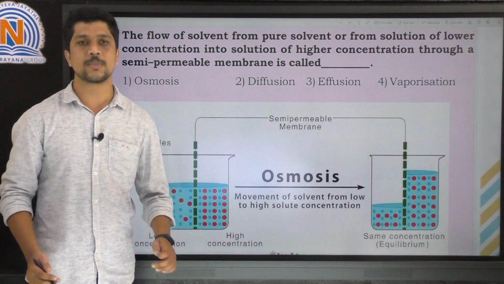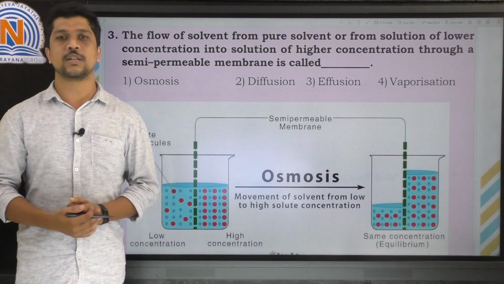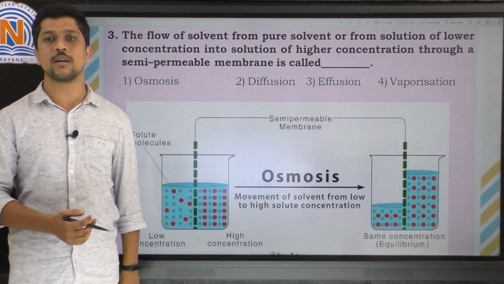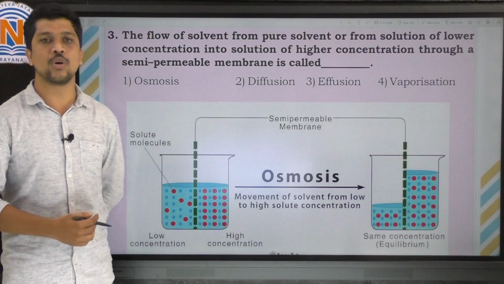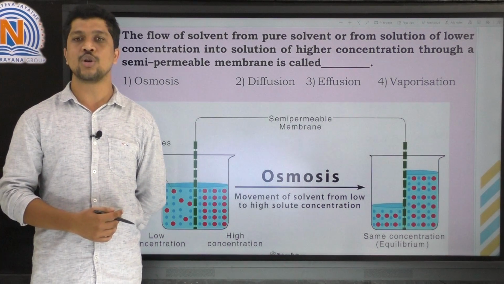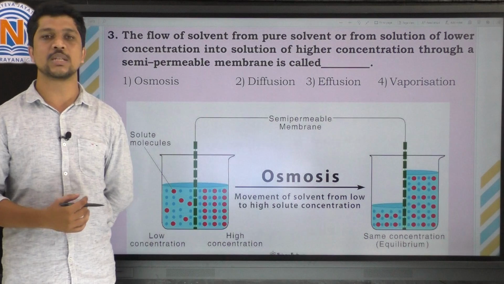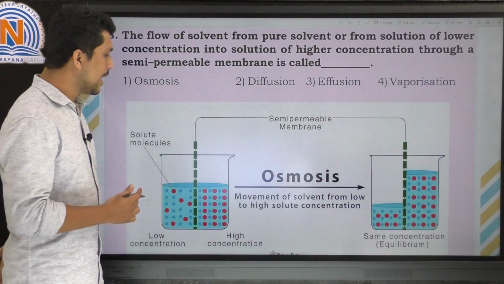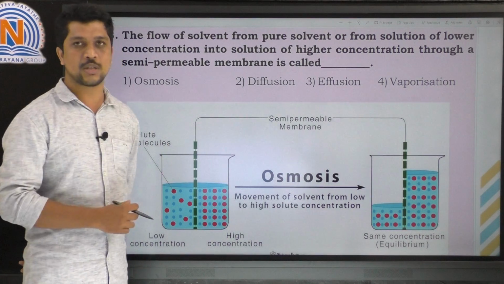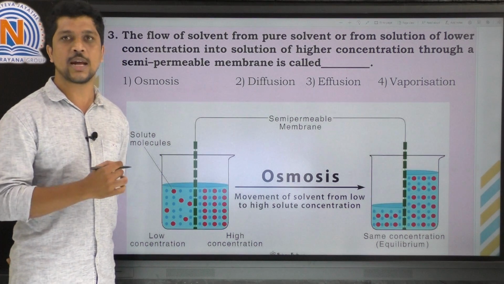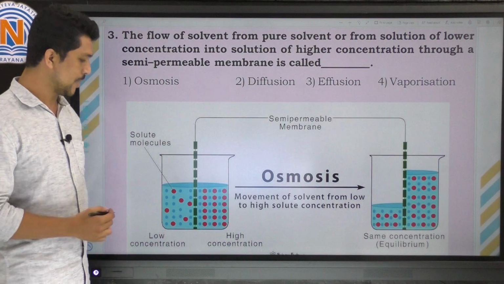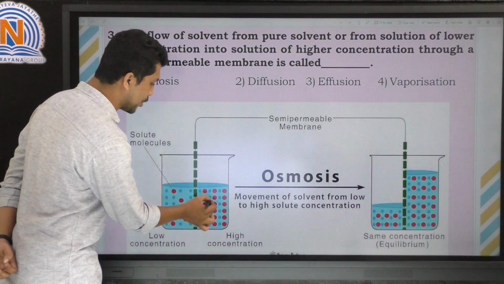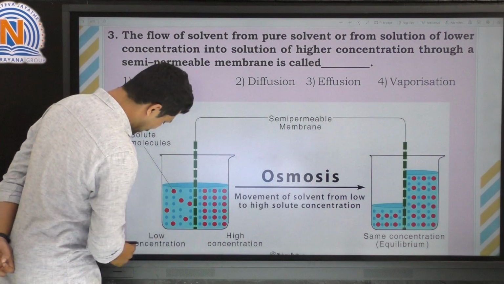Here the question is: the flow of solvent from pure solvent or from a solution of lower concentration into a solution of higher concentration through a semi-permeable membrane is? Right? Here there are two solutions: one is a concentrated solution, another is a dilute solution. For example, these are the two solutions.